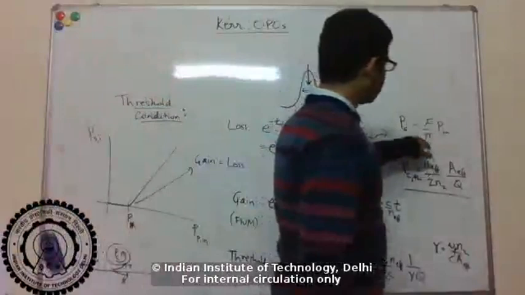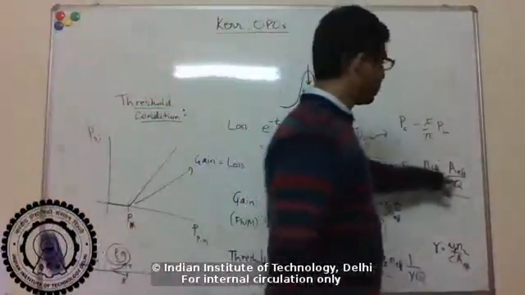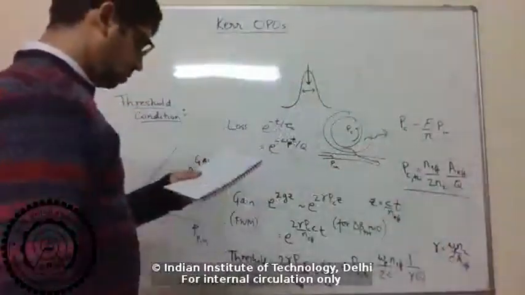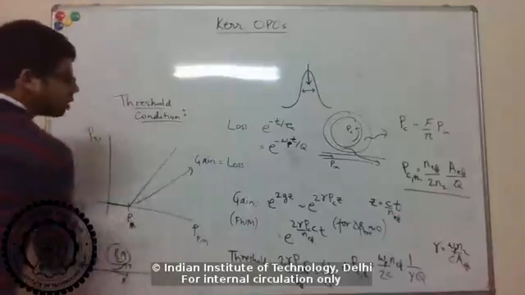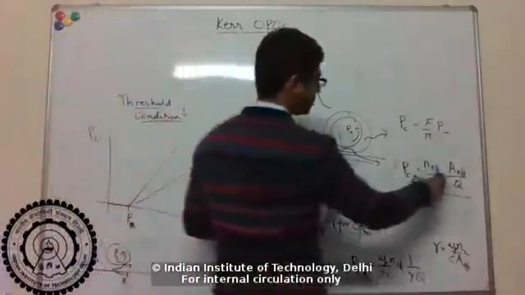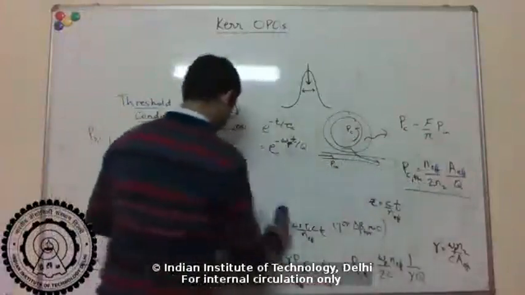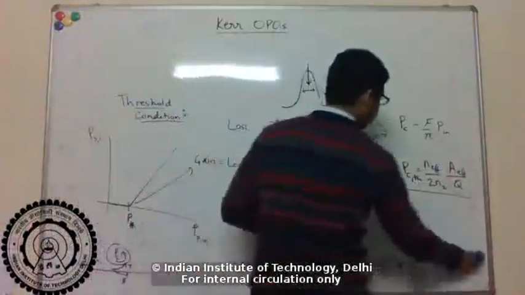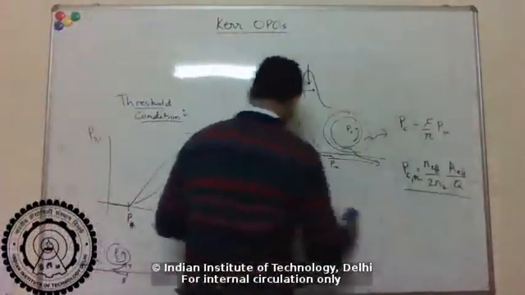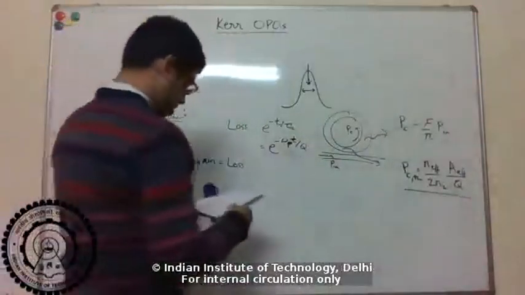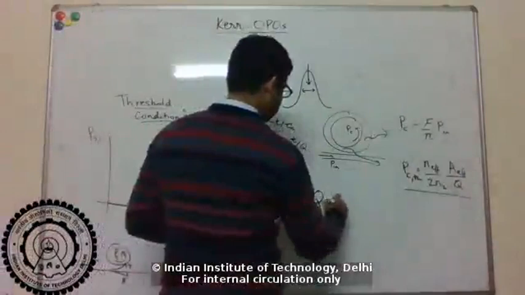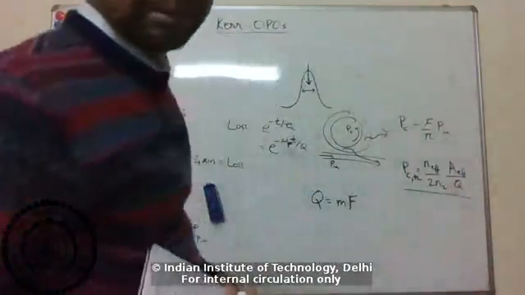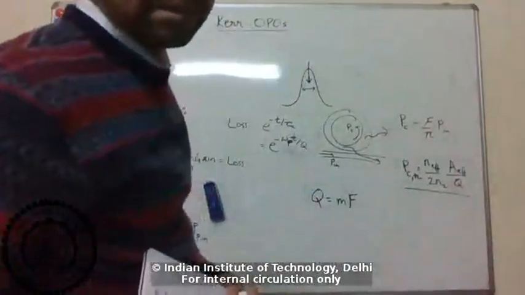So just rewrite this a little bit. Finesse we know is related to Q. Basically we want the final answer just in terms of Q and some other constants, so we convert this finesse into Q. Recall the relation between Q and finesse: they are directly related to each other.